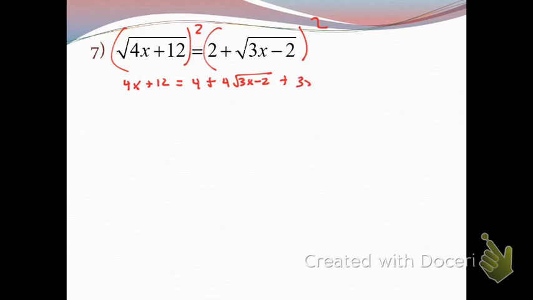Plus 3x minus 2, because that radical goes away. Let's subtract these 3x's over and have x. 4 minus 2 is 2. Subtract that 2 over would give me 10. And I'm left with 4 square root of 3x minus 2.